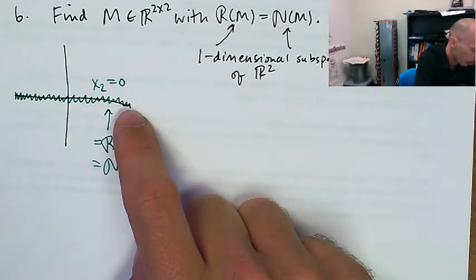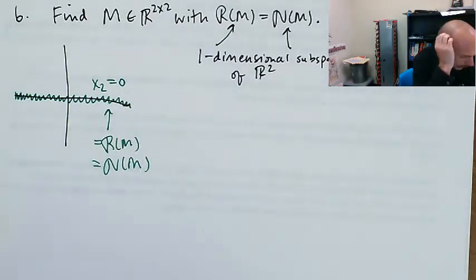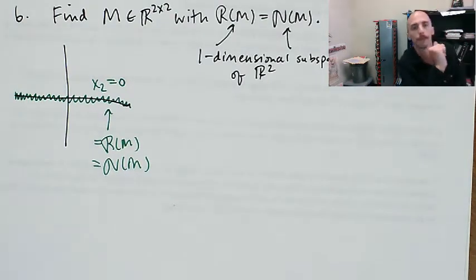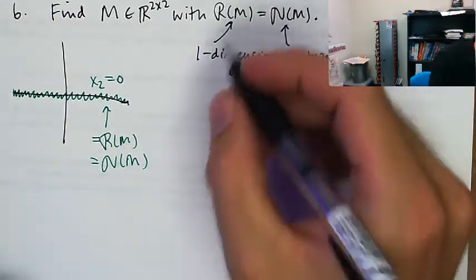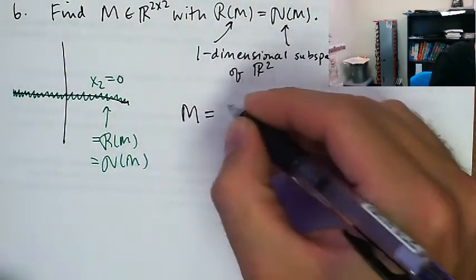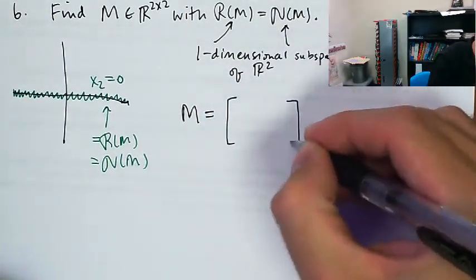Okay, I've decided that the range and the null space need to both be this. So if you think about this like 3Blue1Brown, the matrix that describes the transform is going to have 2 columns.